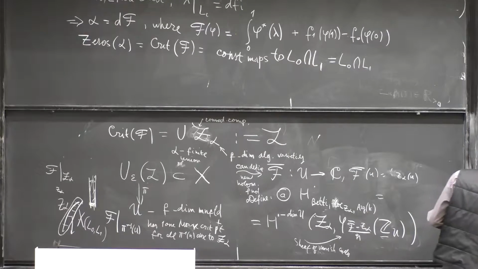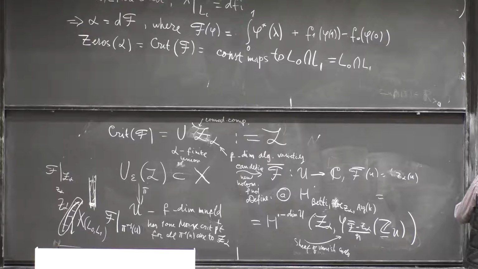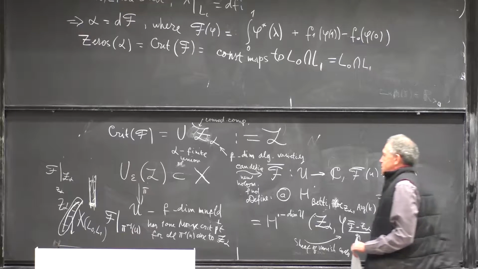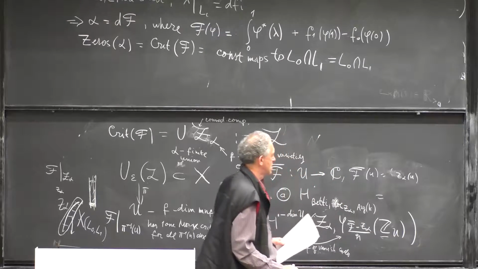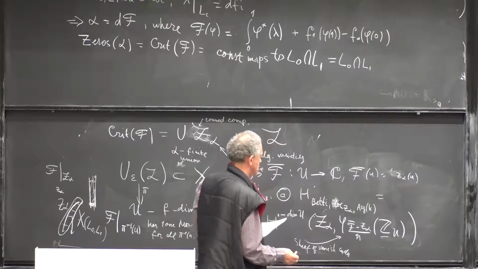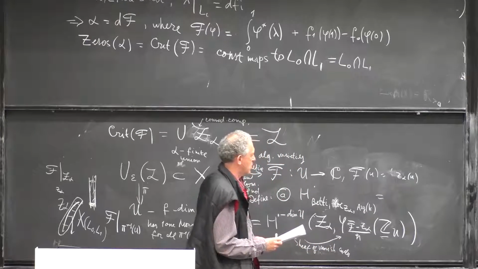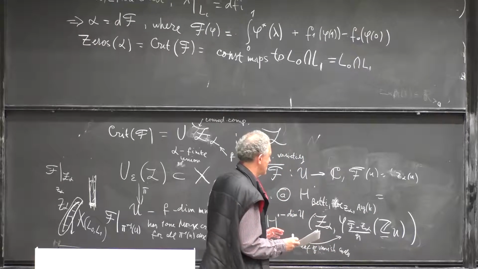A realistic example which can be of interest is, for example, a complexified Chern-Simons or even holomorphic Chern-Simons. Unfortunately, the corresponding closed one form is not globally exact. But nevertheless, the idea is the same. You look at the set of zeros of the corresponding one form, imagine that it's exact.